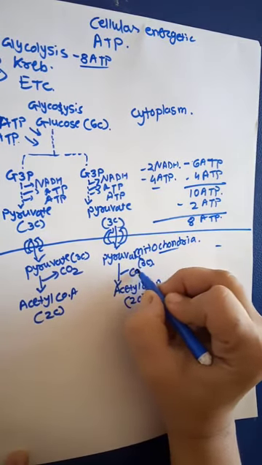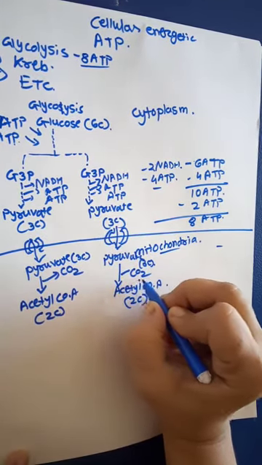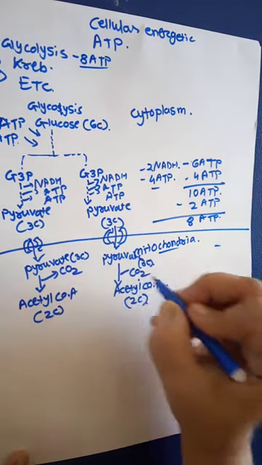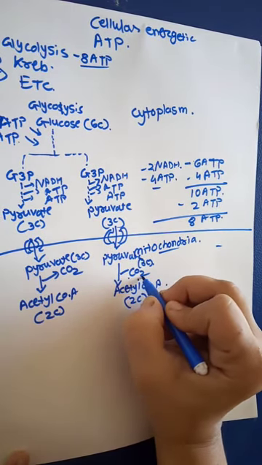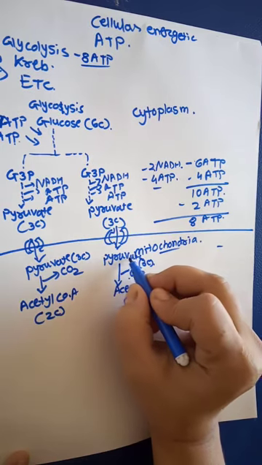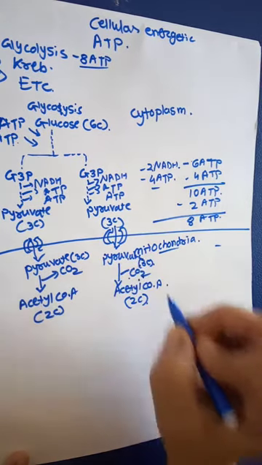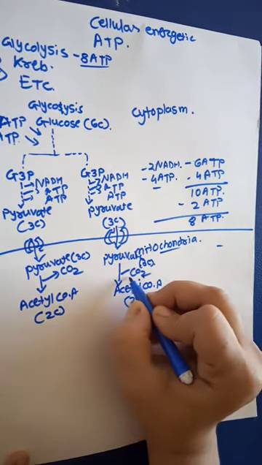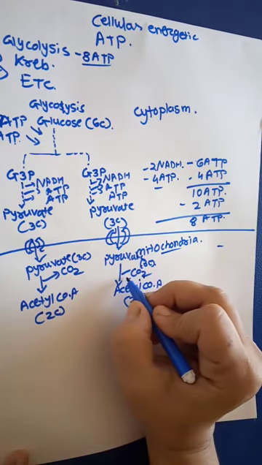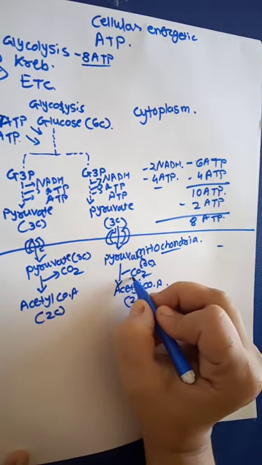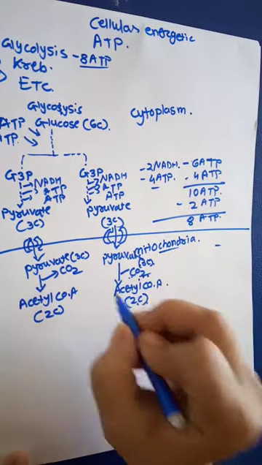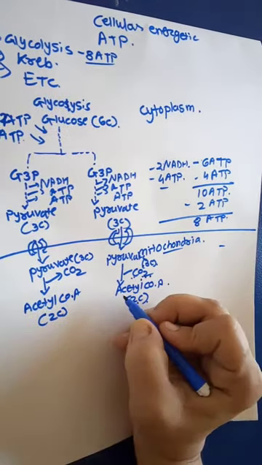One carbon dioxide will be blown out here. So this step is decarboxylation. The 3 carbon compound pyruvate converts into a 2 carbon compound, so one carbon is blown out as carbon dioxide. This step is the decarboxylation step.